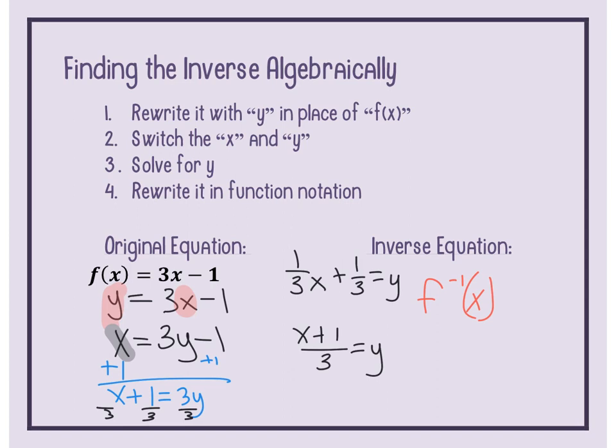So the inverse function of x is 1/3 x plus 1/3. Now again, both of these are correct. I find this one easier to graph and easier to discuss, but you'll get full credit no matter which way you prefer.